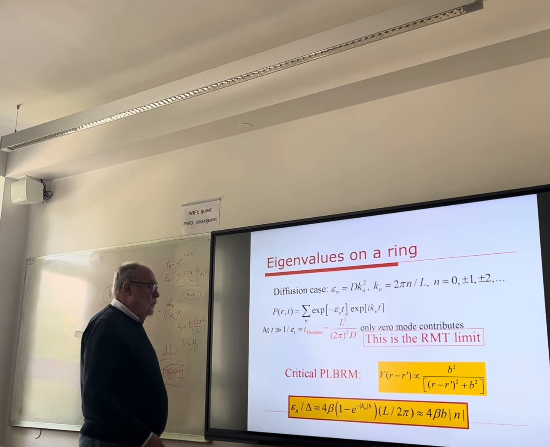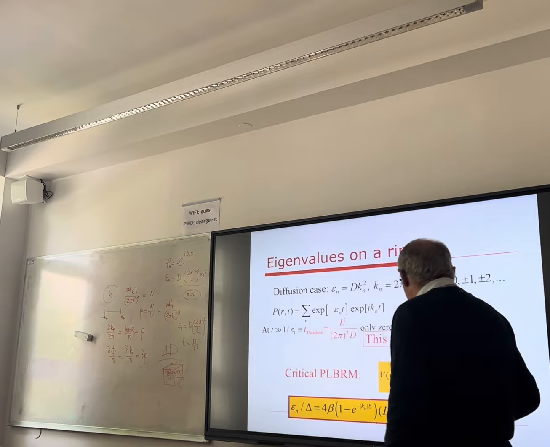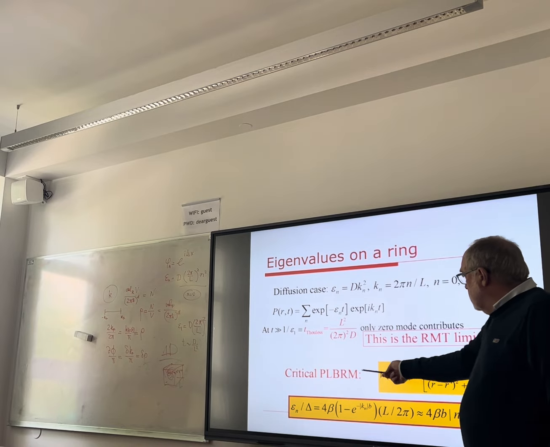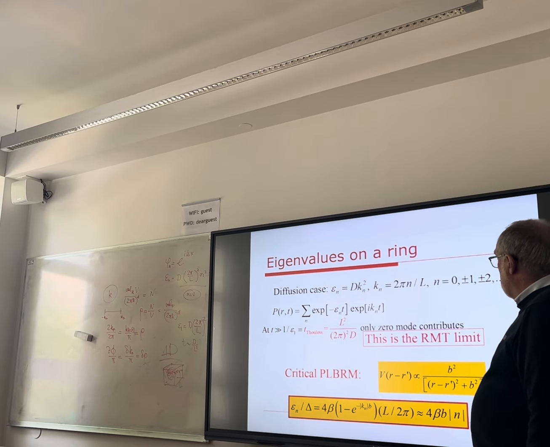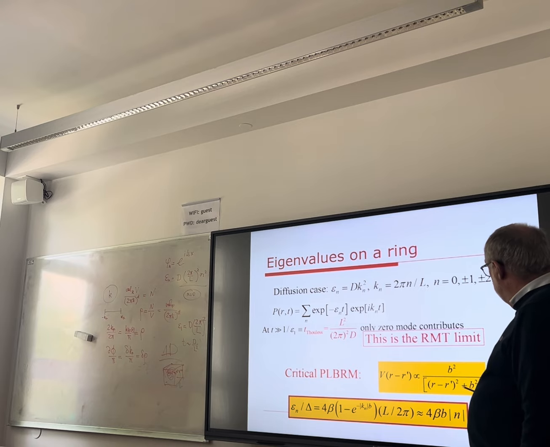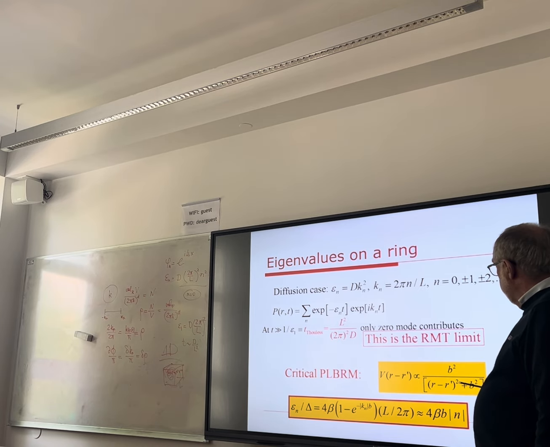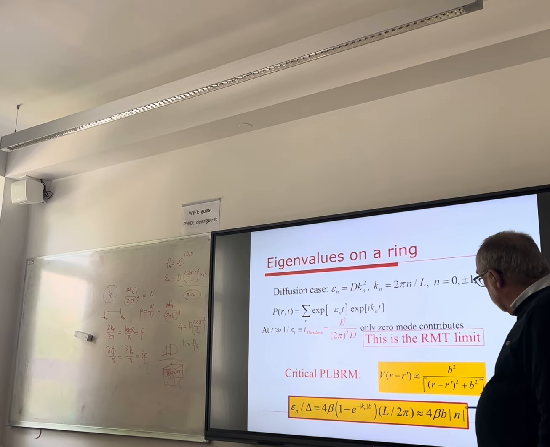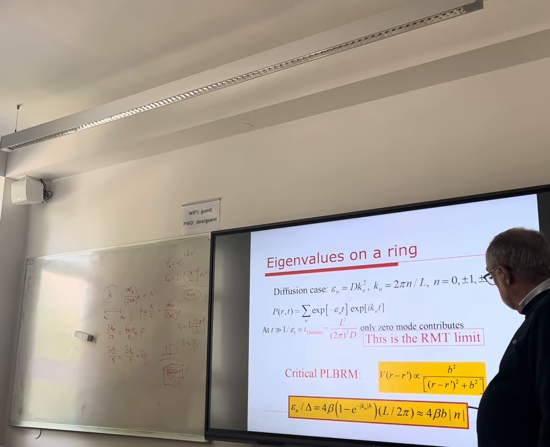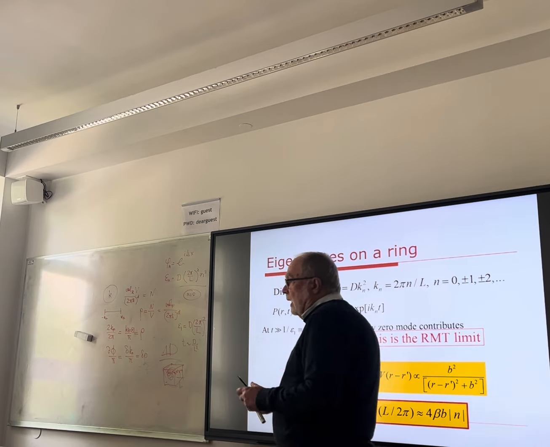So you see, first of all, why critical random matrix? Because if the power here is different, then I would have a different power of n here. So this power of n equal to 1 is very special. Why?